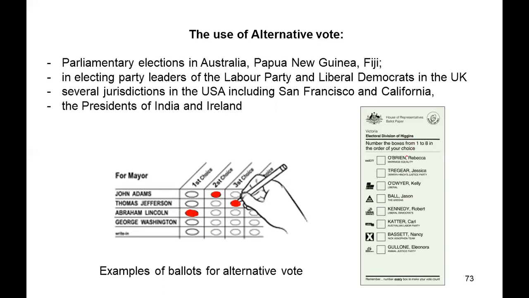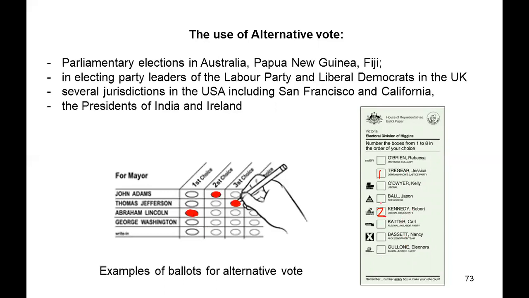We have 8 candidates, and the instruction is to number the boxes from 1 to 8 in order of your choice. So you have to put some numbers, 1, 2, and now there are different versions of this procedure. They ask you to rank at least 2 candidates, so the ballot may be valid with just 2 candidates, or in some systems they may ask you to rank all candidates, and such a ballot may be not valid.